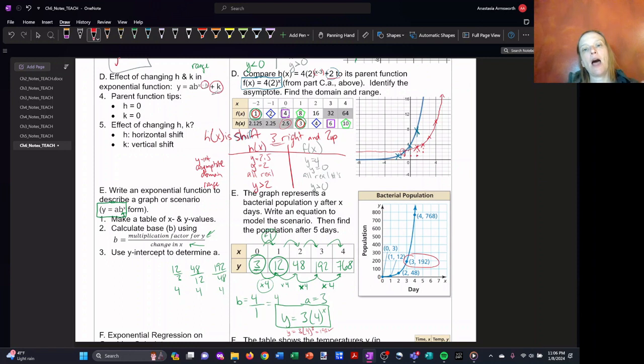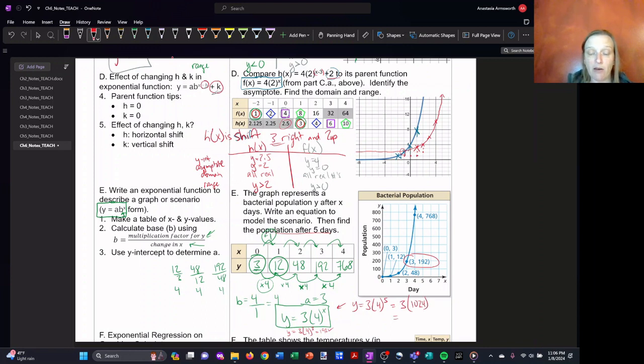Now, I've written an equation that models the scenario, but there was another part to this question. I'm supposed to find the population after 5 days. So I'm going to take this equation, y equals 3 times 4 to the x, but I know that I want my x value to be 5 because x represents the number of days. 4 to the 5th power is 1024, so I'm just going to do 3 times 1024.